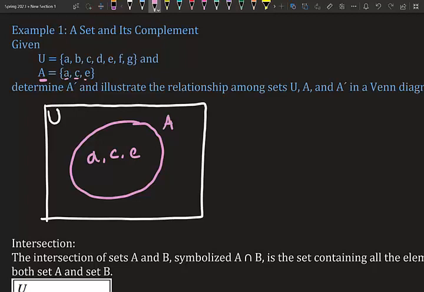Since those are used, we take them out of the universal set. Now, what's left over? That's what goes inside the box. So that's B, D, F, and G. So what's left over that's not in A, that's actually the complement.